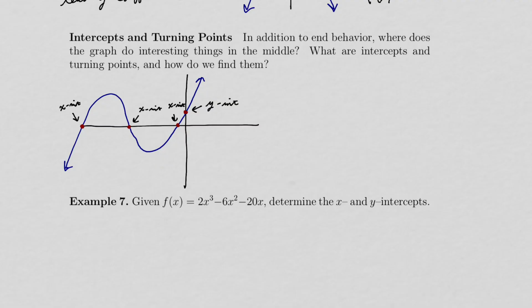These are turning points, right? This one is a local maximum, and this one's a local minimum. So they're turning points, and this is also a turning point down here. Okay, so let me write that better.